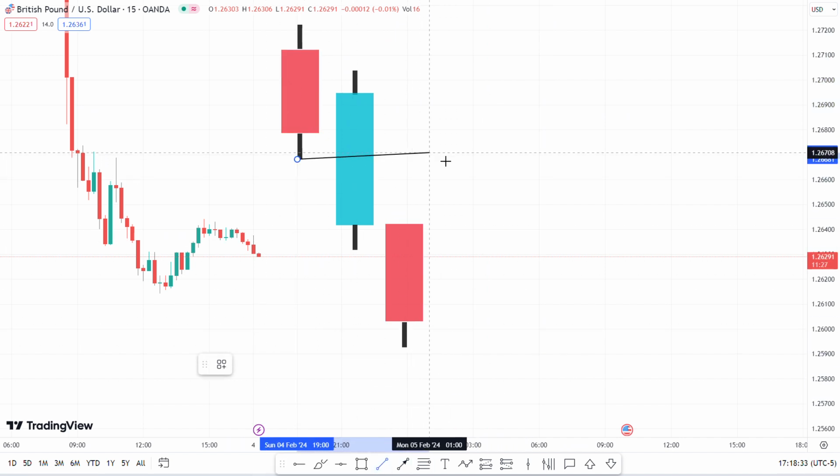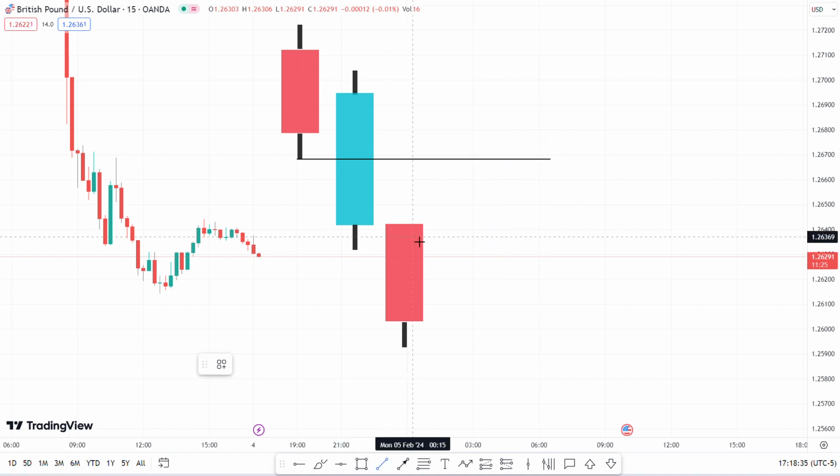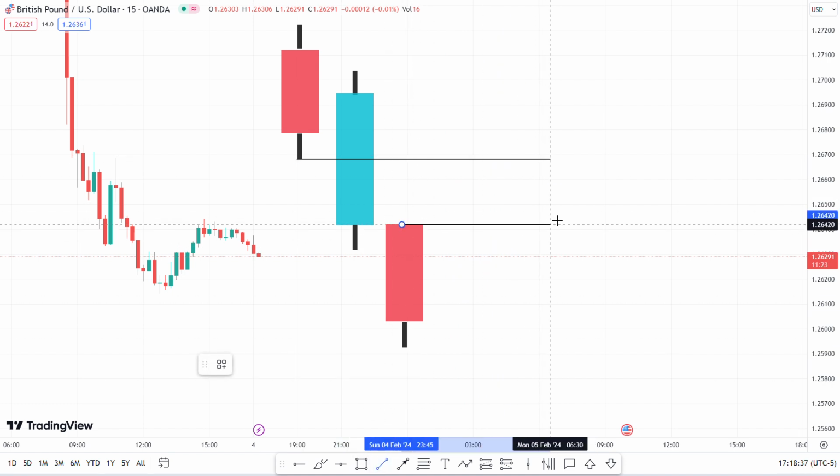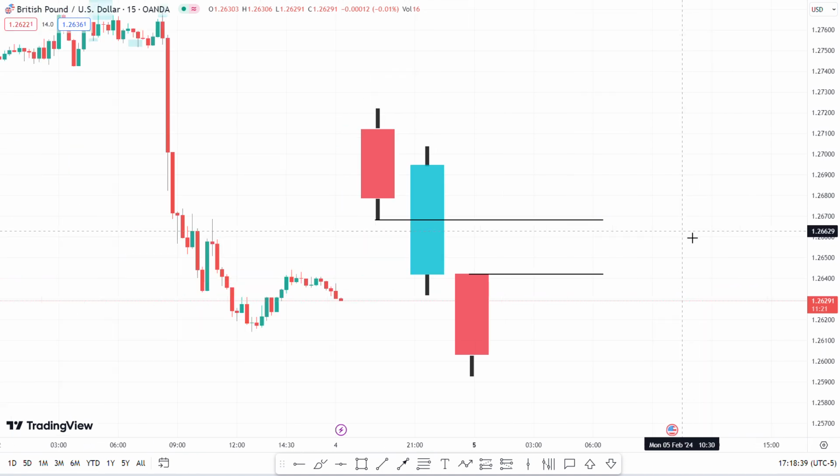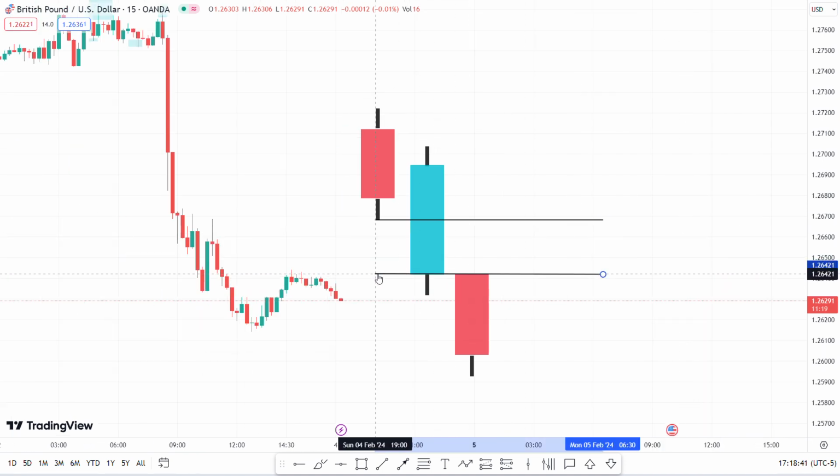So this is an area where there was no buying.